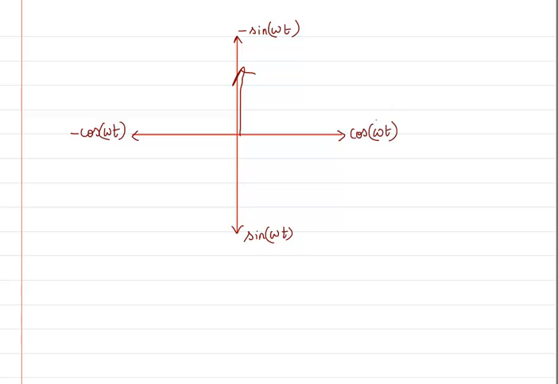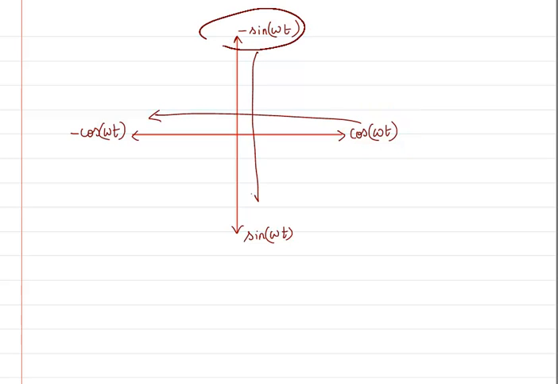Never forget that cos will come here, and next here it will be minus sine. You just remember cos and minus sine. It is very easy because the opposite of cos will be minus cos, and the opposite of minus sine will be plus sine.